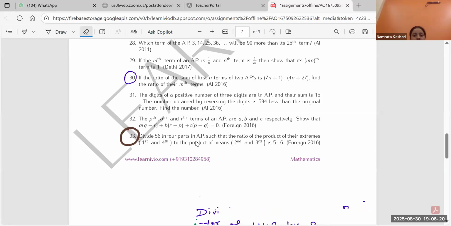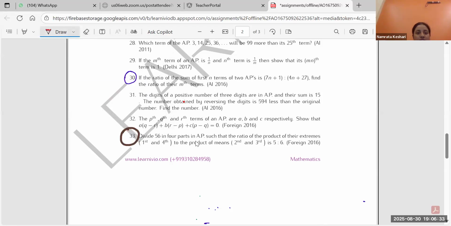Now, can you explain what the ratio of the product of their extremes means? It says the ratio of the product of the extremes. So divide 56 in 4 parts in AP. That means the first part, the second part, the third one, and the fourth term are in AP.